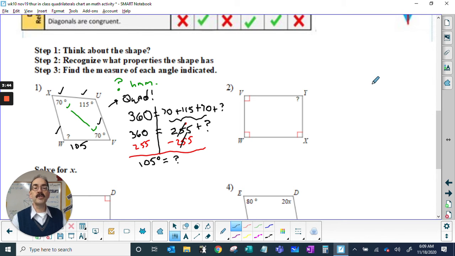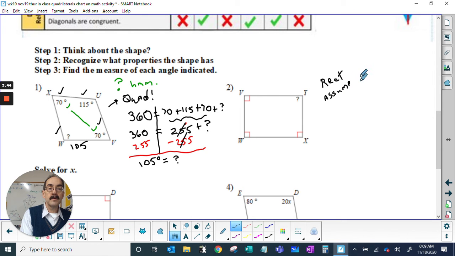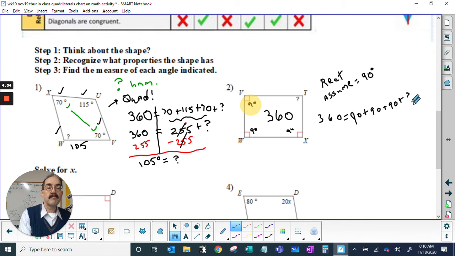Okay, let's go to number two. Now, number two to me sure looks like a rectangle. So let's just write that. This is a rectangle, and we're going to assume 90 degrees. But again, we could do the math. All four-sided objects are 360, and we have a 90, a 90, and a 90. So 360 equals 90 plus 90 plus 90 plus the question mark.